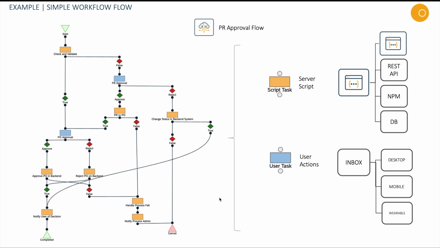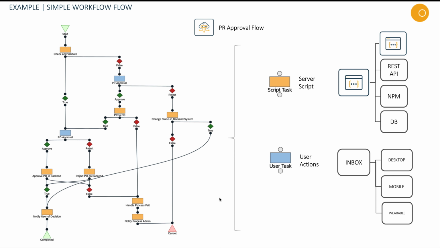As you can see on the left-hand side, the combination of the orange boxes, the server scripts, with front-end coding, the user tasks, provides you an ability to build workflows that go across backend systems, APIs, with also front-end user actions. This provides you the ability to connect multiple systems and to provide end users the capability to take decisions.